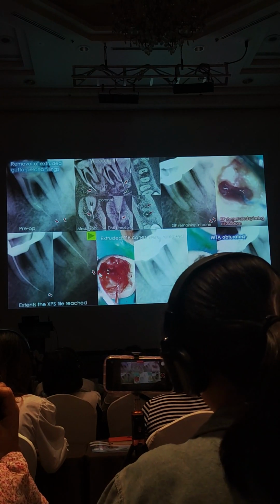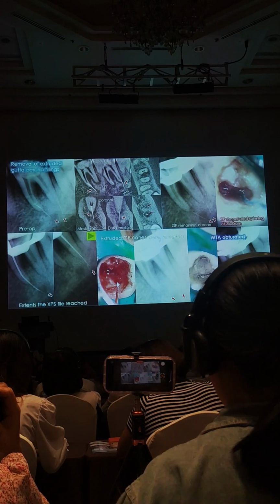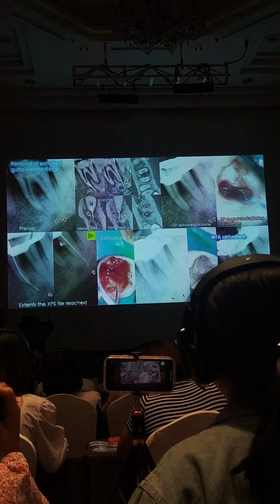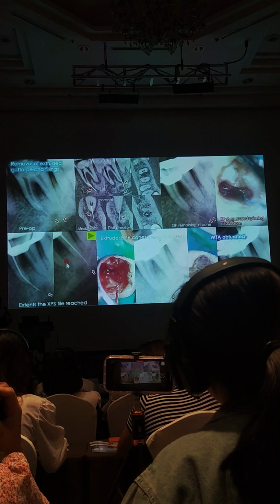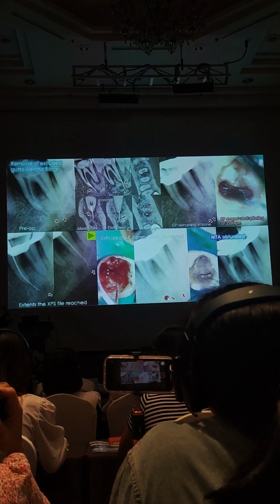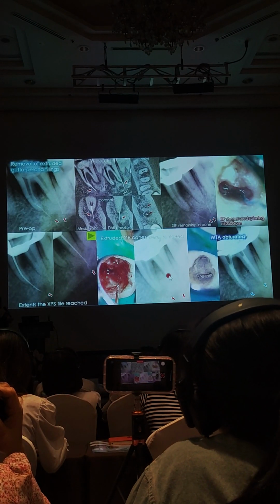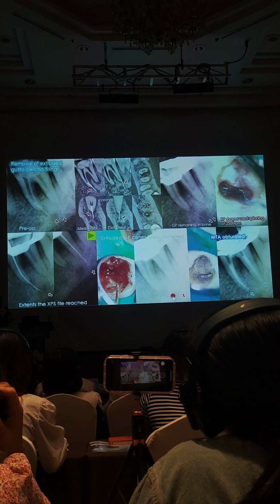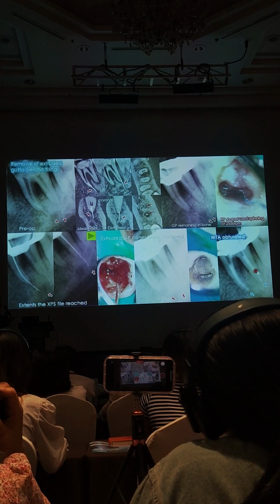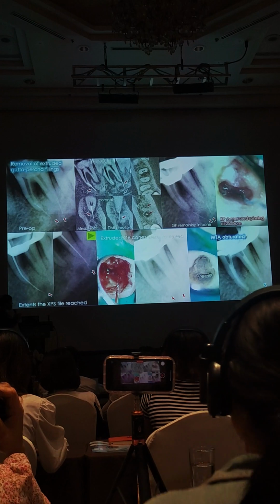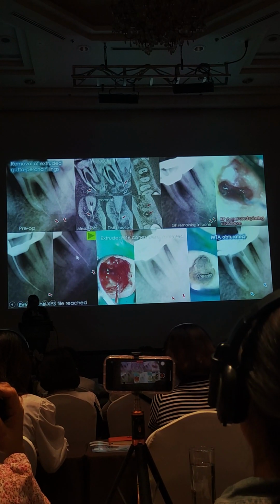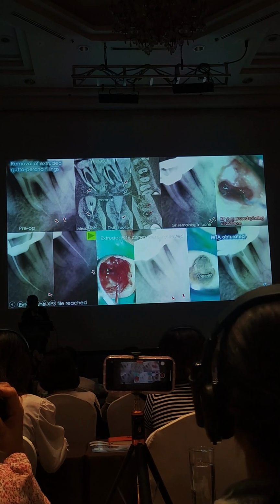You see lots of blood coming from the periapical tissue. Then I remove the gutta-percha from the periapical tissues. This is the radiograph showing complete removal of the gutta-percha in the periapical tissues. This is the post-op.